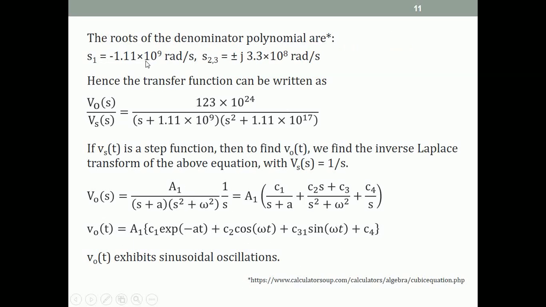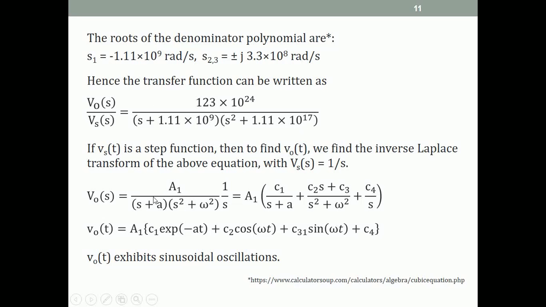So these are the roots. There is one real root and two complex conjugate roots, and so we can write the transfer function as s plus 1.11 times 10 raised to 9, into s squared plus the square of this. Alright, so that is 1.11 times 10 raised to 17.